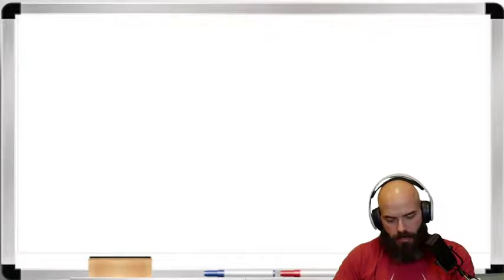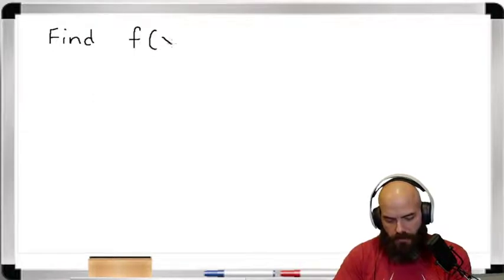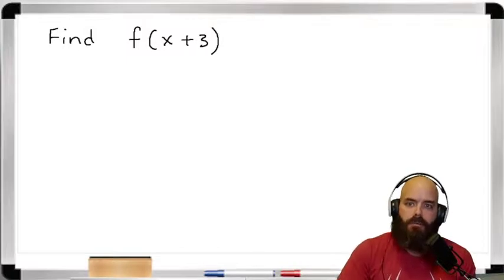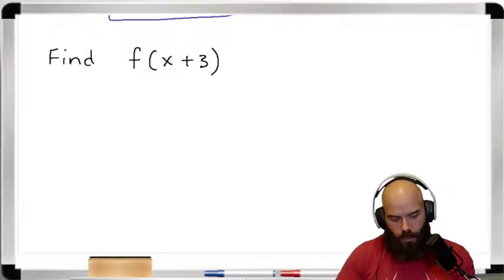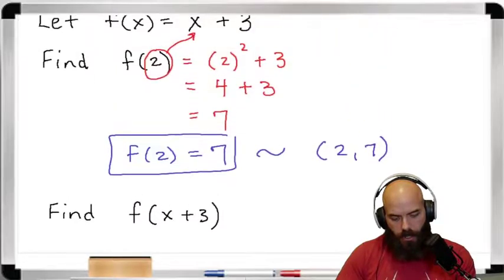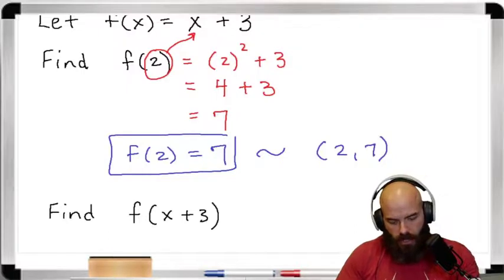All right. Now let's say I wanted to find f of x plus 3. If I want to find f of x plus 3, then let's pull this back up and let's think about what this means to do.